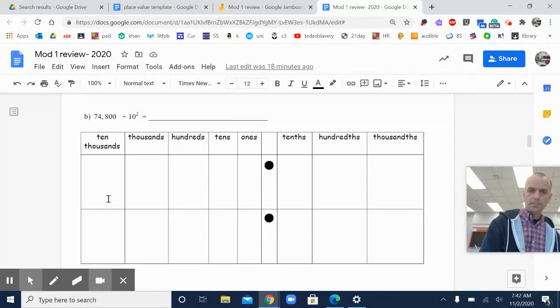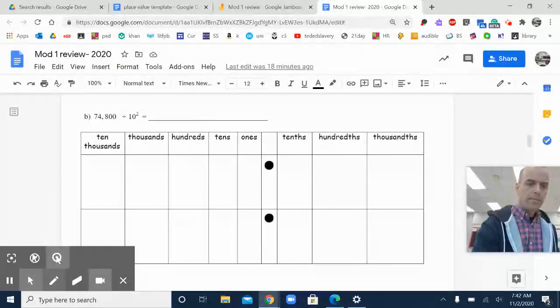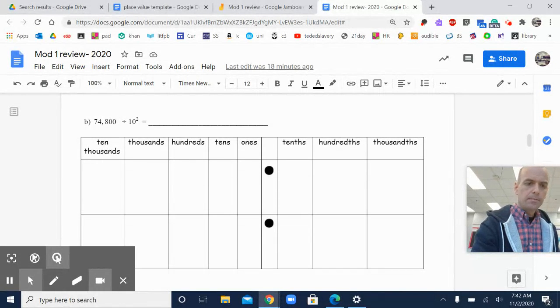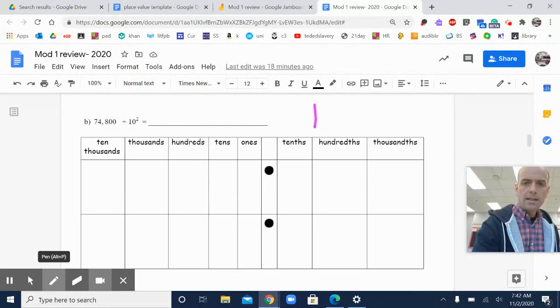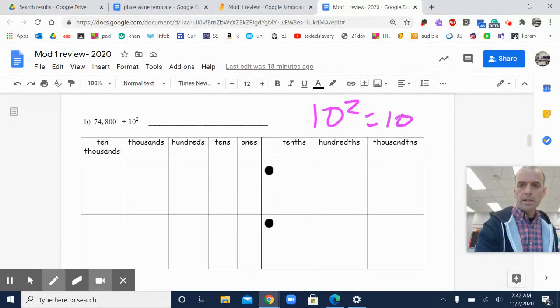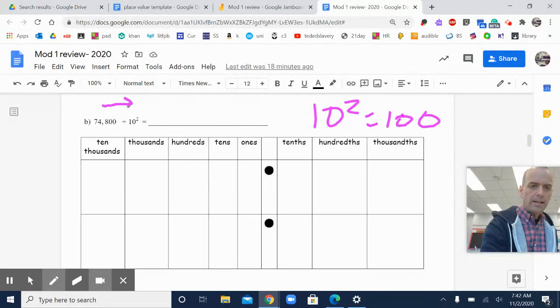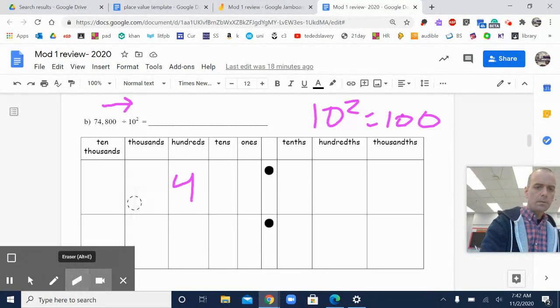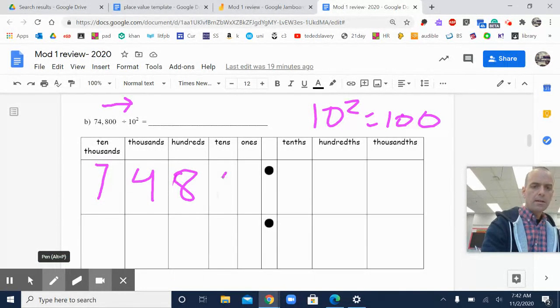Now, for letter B, it's 74,800 divided by 10 to the second. So similarly, I need to know that 10 to the second is 2 places of 10. That's the same as 100, but it's 2 places. And if I'm dividing, I'm moving to the right. I'm getting smaller. So I put my number in, 74,800.